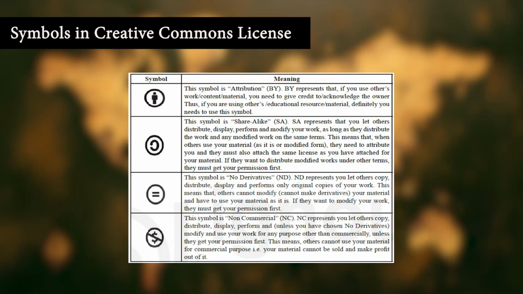The next is non-commercial, NC, which represents that you let others distribute, display, perform and modify and use your work for any purpose other than commercial. So of course any material which has this non-commercial license, they can use this material, but they cannot make money out of it, or we can say commercial uses are not allowed.